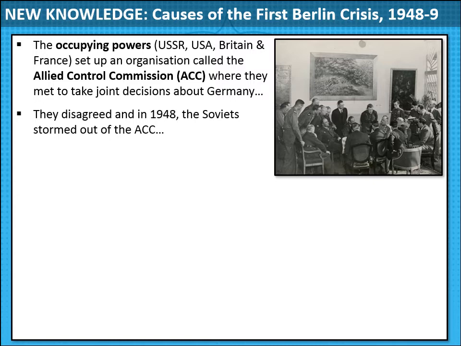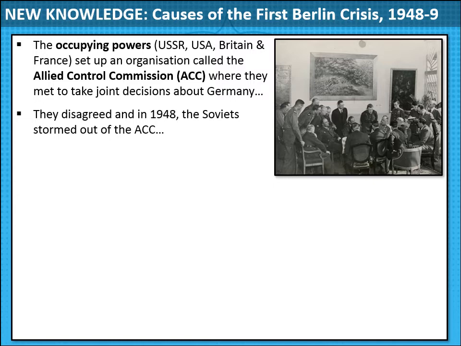The Western Allies, the USA, Britain, and France, were impatient to rebuild Germany's economy. They wanted Germany to become a wealthy, capitalist country again. But the Soviets wanted to continue stripping reparations from Germany in the form of money, food, technology, and equipment.